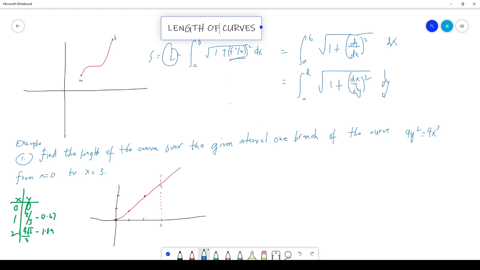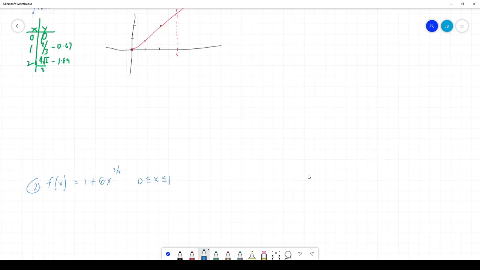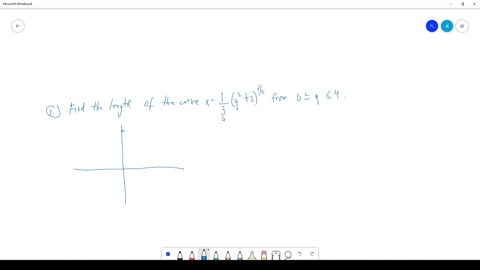Now you might get confused. Maybe it's because in your differential calculus you were just taught to derive in terms of y, but there are sometimes that we are going to derive in terms of x.